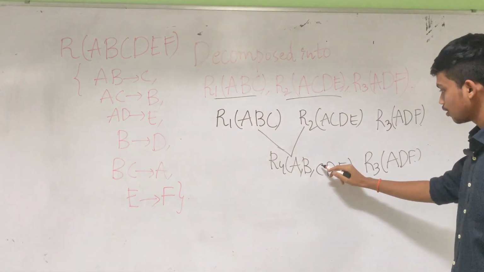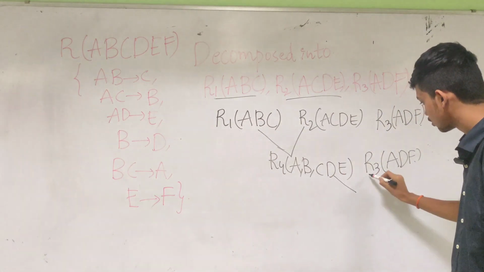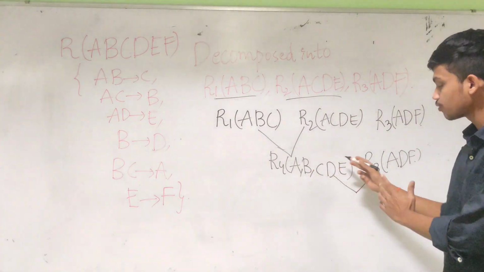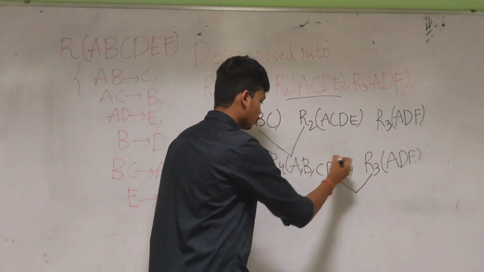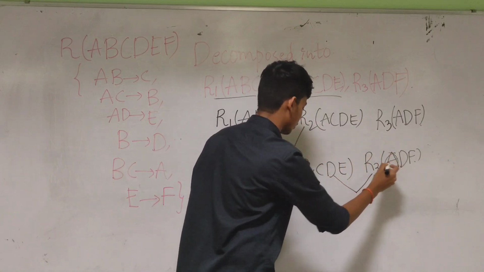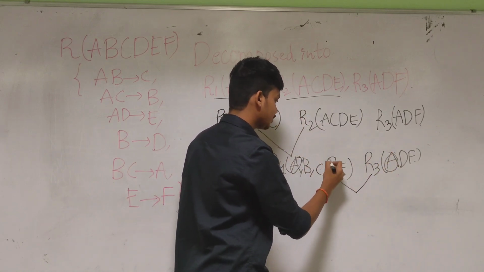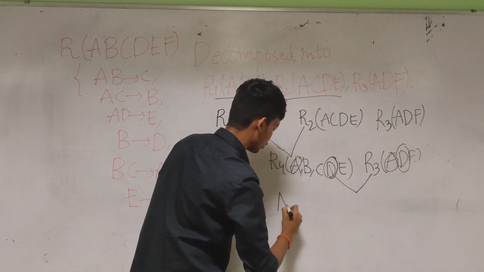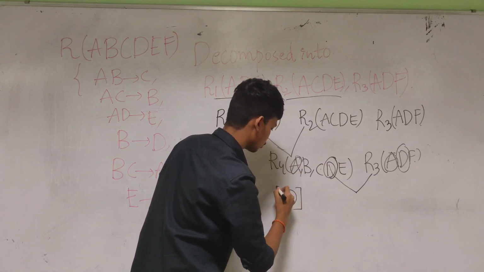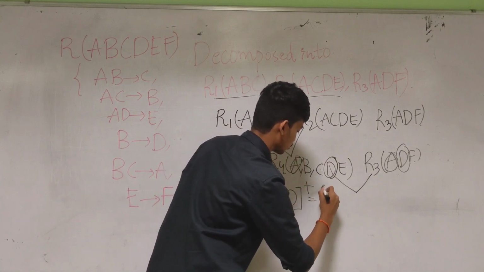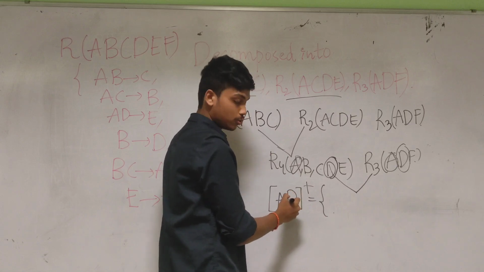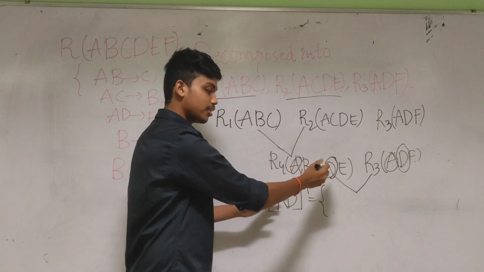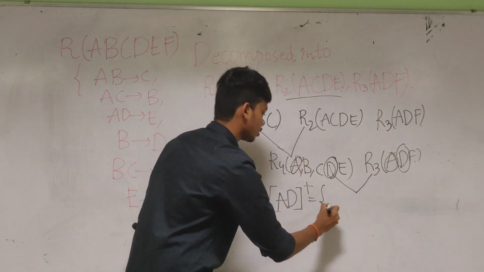Now we need to join R4 with R3. Take a look at which attributes are in common between R4 and R3. A is in common, B and C are not in common, D is in common, F is not common, so AD is in common. If I do AD closure, AD should be a super key of either R4 or R3. Then we can say that this join is a lossless join. Now I am doing AD closure.